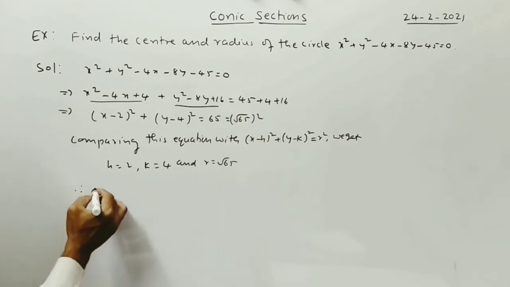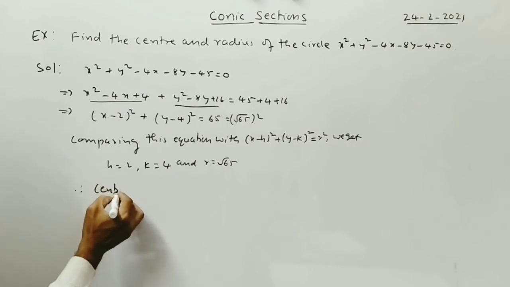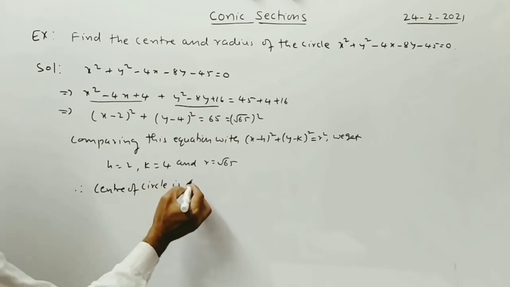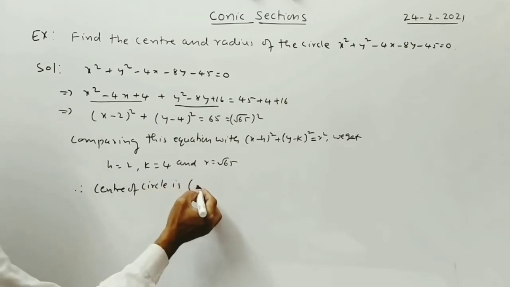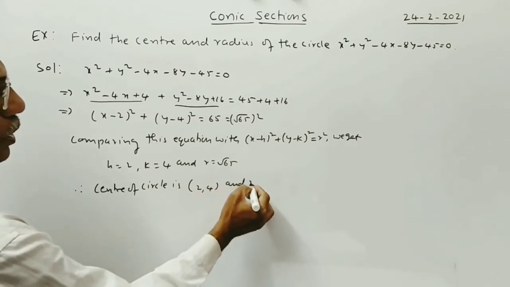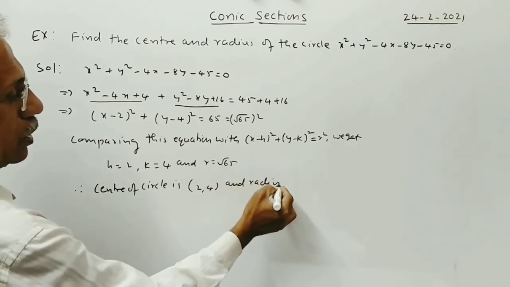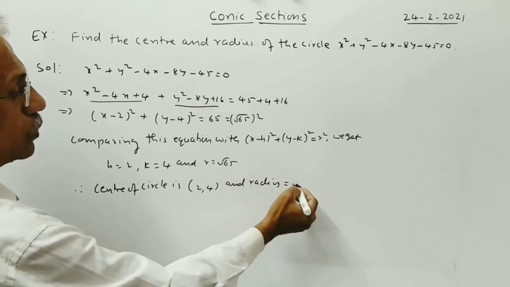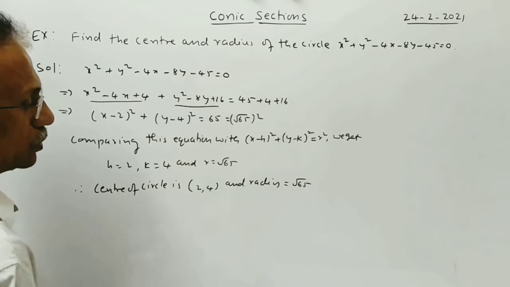Therefore, center of circle is point with coordinates 2, 4 and radius is equal to square root of 65.